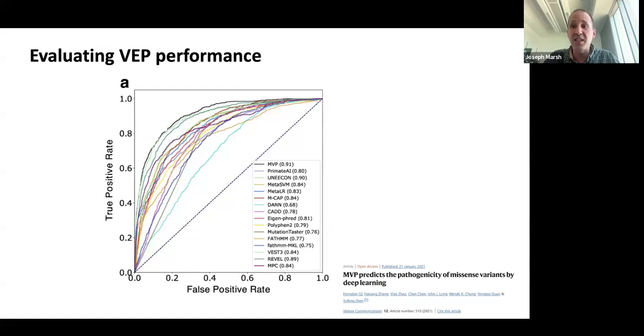They take a set of known disease-causing pathogenic variants and a set of known benign variants, and they calculate the area under the ROC curve to assess how good the discrimination is. And inevitably they compare to several other methods, and they will find that their method has a higher area under the curve than every other method they compare it to. So therefore their method is the best. But there's a problem in that almost every single paper that comes out shows this exact same thing, that their own method is the best, which is clearly impossible.